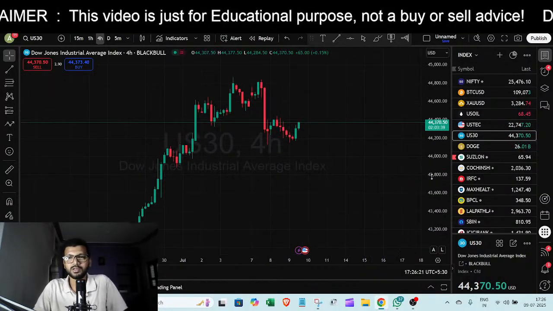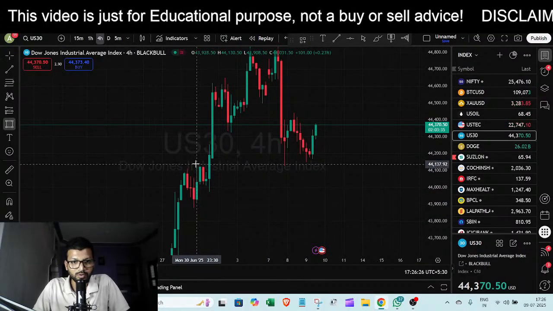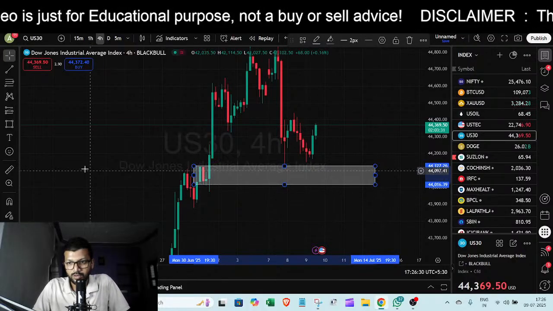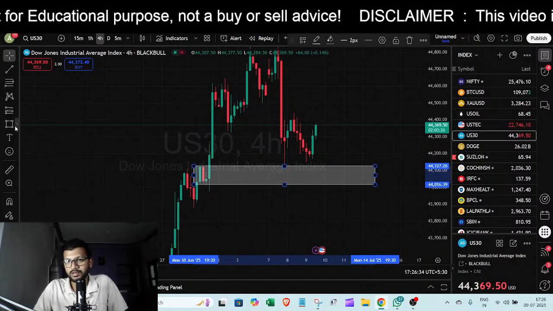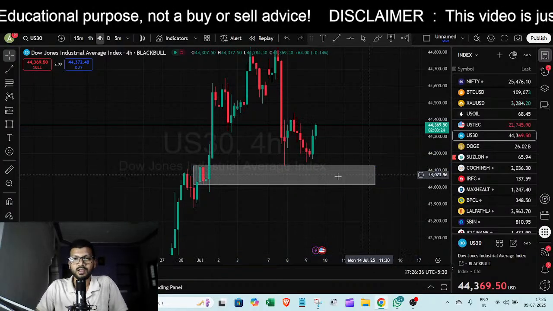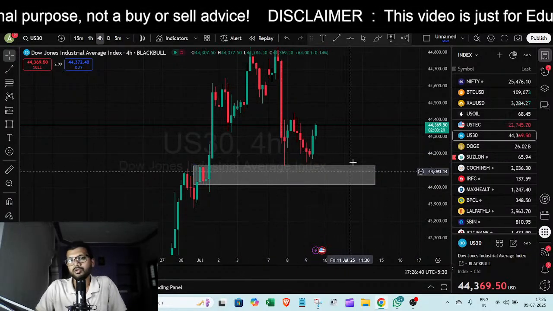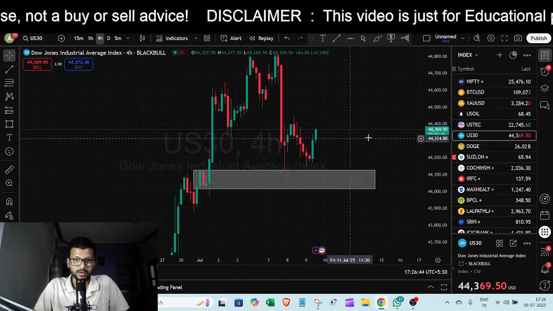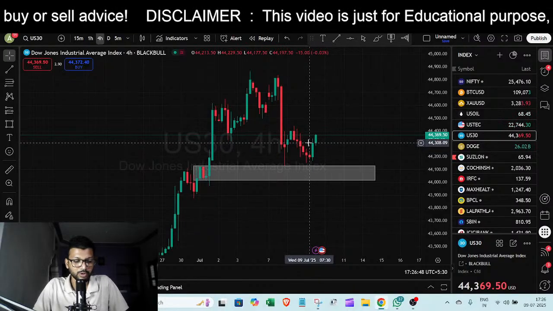And in USD, as you can see, we have an order block over 44,170, 44,127 and 44,016. And as you can see, when the market touched this order block, we are seeing a buying movement and a bullish confirmation with a double bottom.